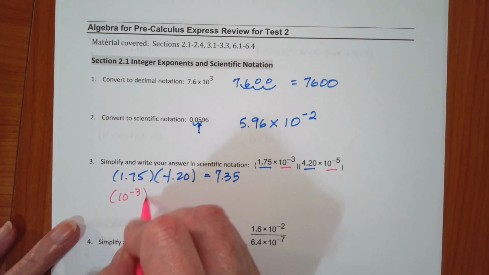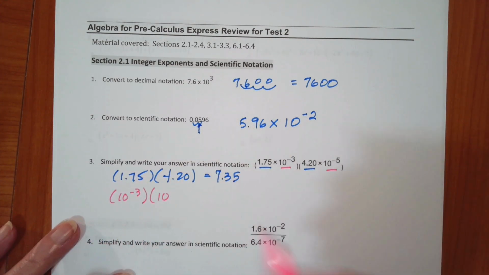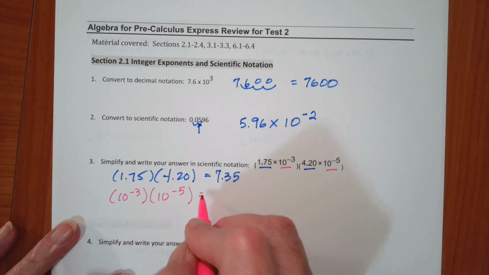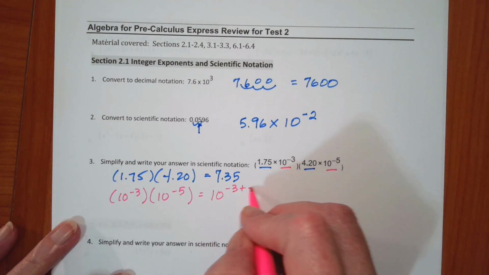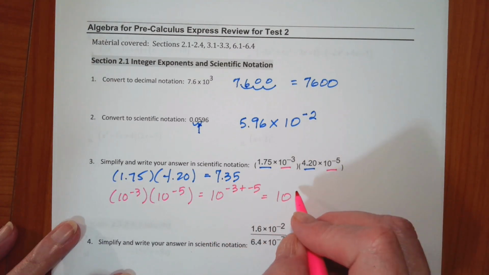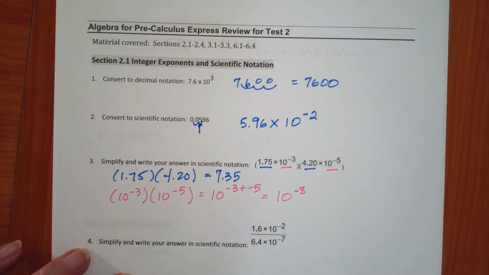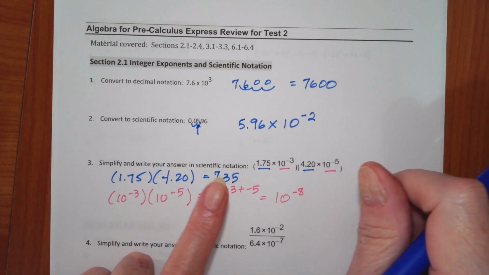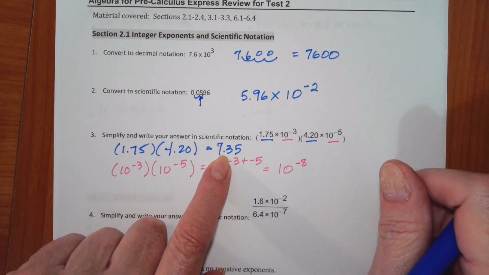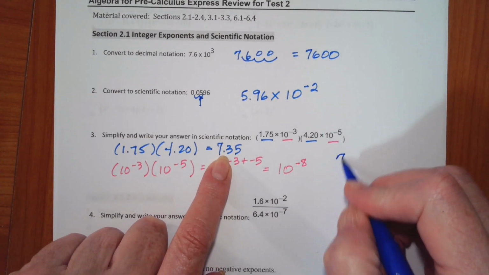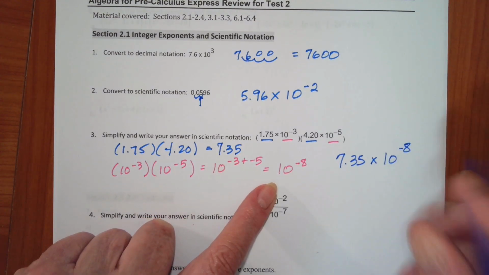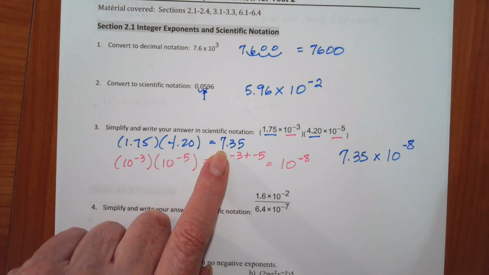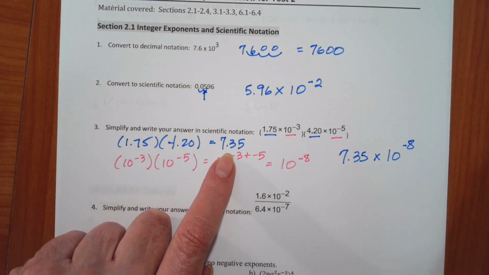So 10 to the negative 3 times 10 to the negative 5 means I add those exponents, so that becomes 10 to the negative 3 plus negative 5, which is 10 to the negative 8. Now, as I write this in scientific notation, this has 1 digit to the left of the decimal, so I'm good to go. So this just becomes 7.35 times 10 to the negative 8. If it had been 73.5 or something of that nature, or 0.735, I would have had to convert this as well.